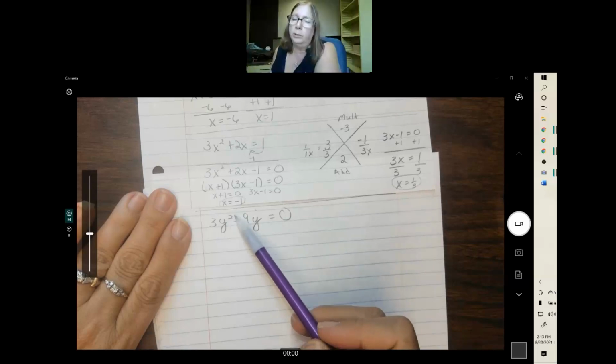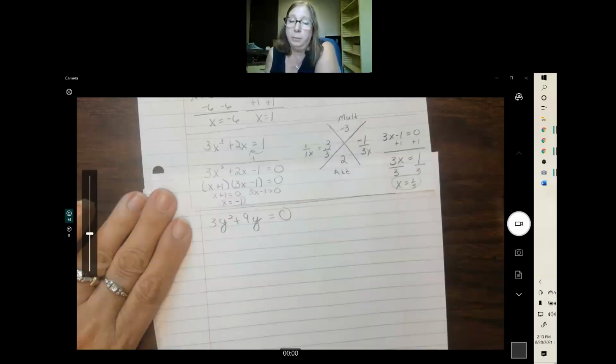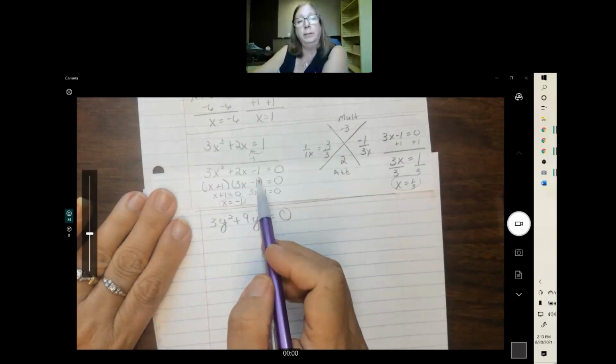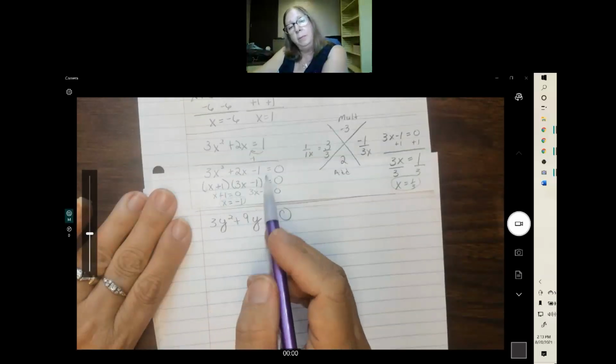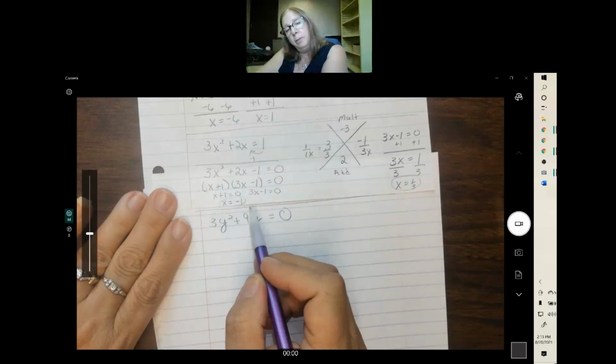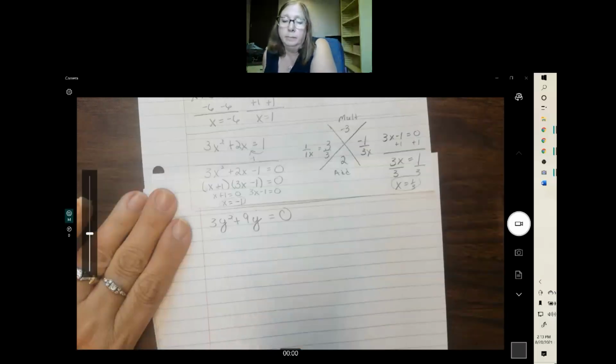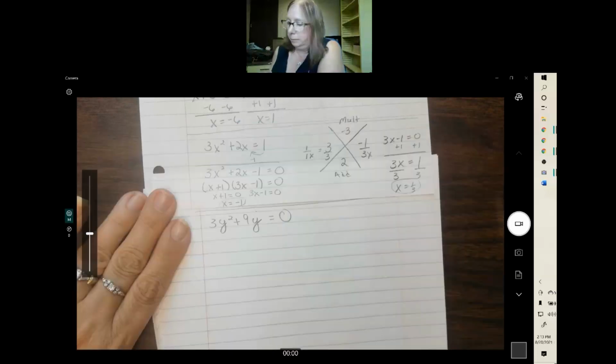Since it is squared, you still want to factor it if possible. Now we can't factor it into 2 binomials like we did here, but we can pull something out. What do they have in common that we could factor out? 3y.